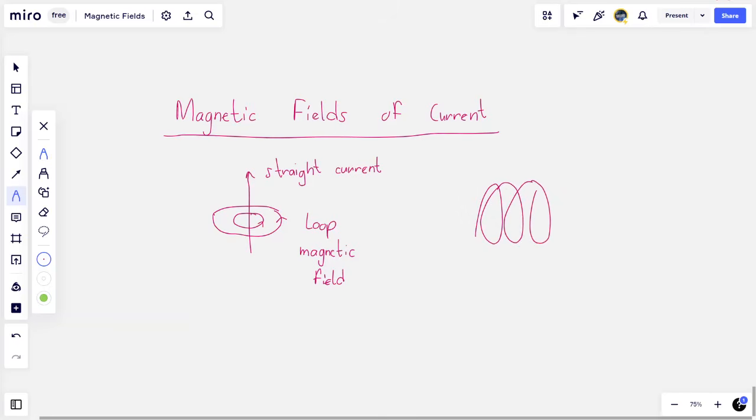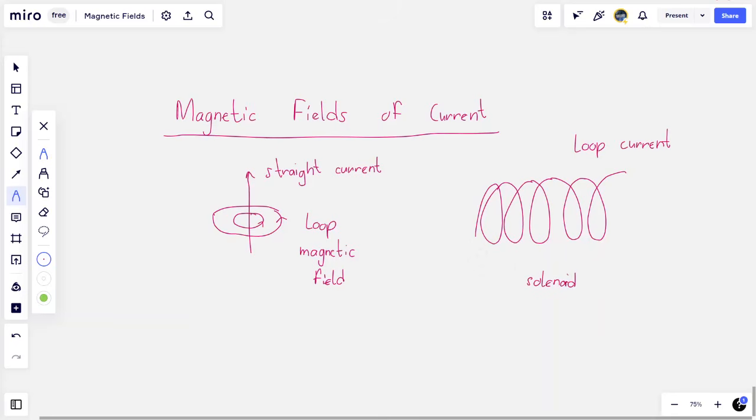Again, just picture this in your mind as a loop of wire. Now it doesn't look like that, but this is a loop of wire. So this loop of wire means that current flows in a circular path. The current flows in a loop. To maintain the symmetry, we call this a solenoid.